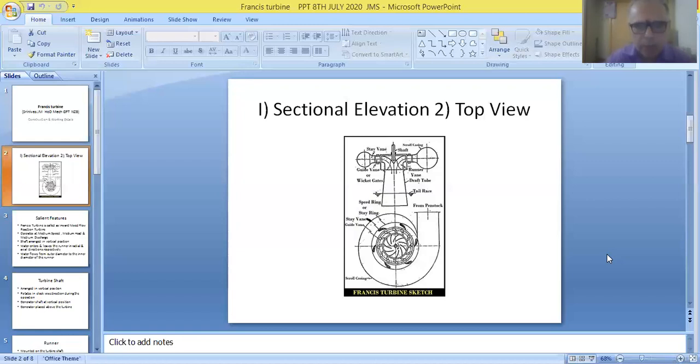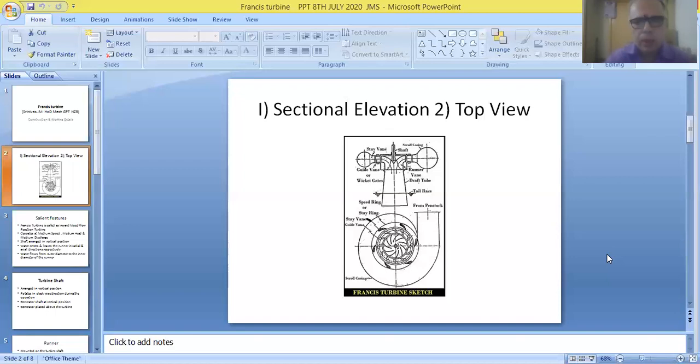As mentioned earlier, the shaft of the turbine will be arranged in vertical position. Therefore, it appears in the form of a rectangle in the front view, and in the form of a circle in the top view of the machine.